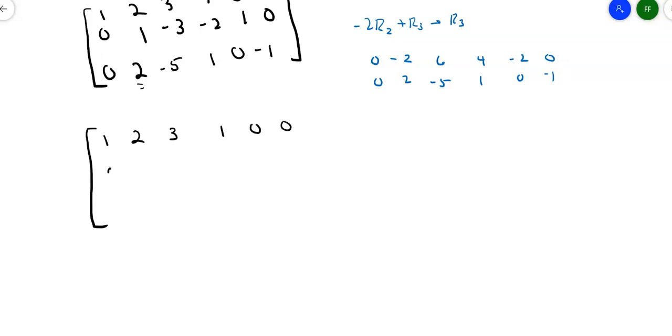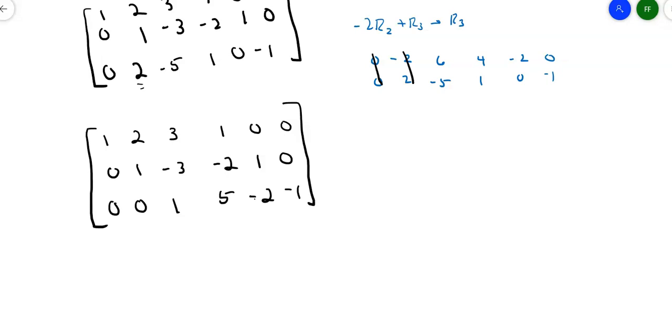Second row, 0, 1, negative 3, negative 2, 1, 0. Third row now, add up what I got here. That becomes a 0. That becomes a 0. So I got 0, 0. 6 plus negative 5 is 1. 4 plus 1 is 5. Negative 2, negative 1.